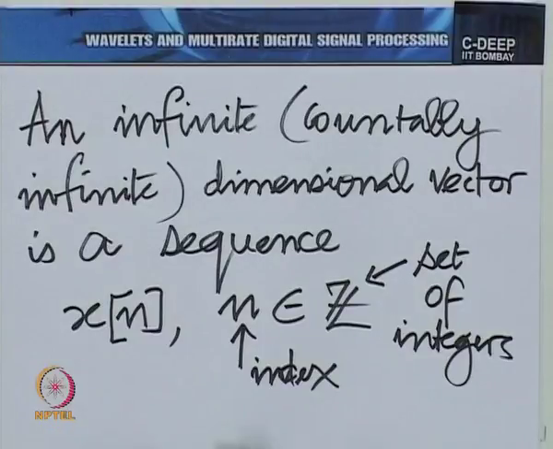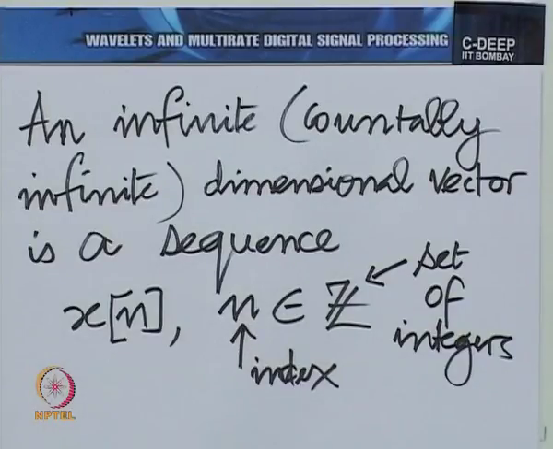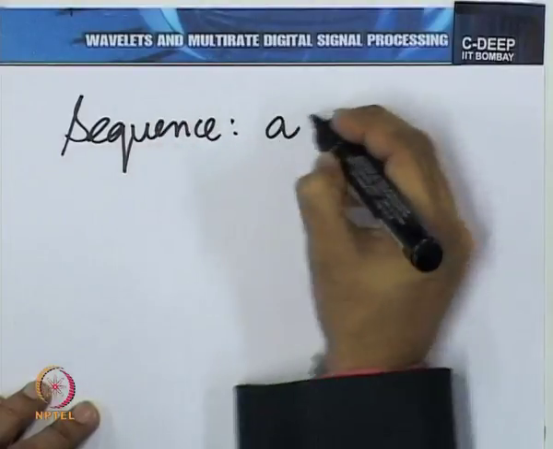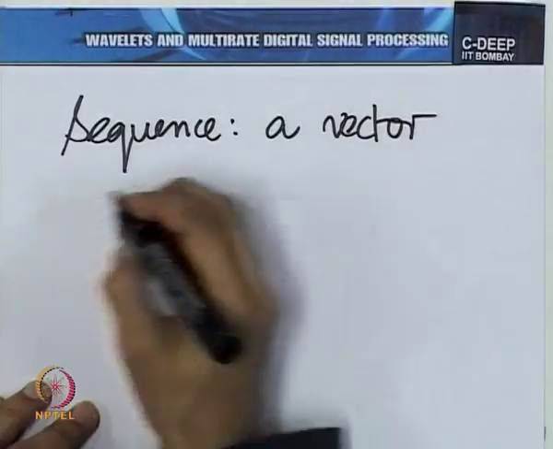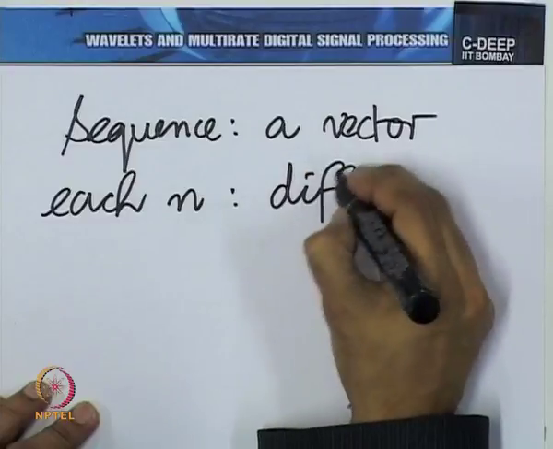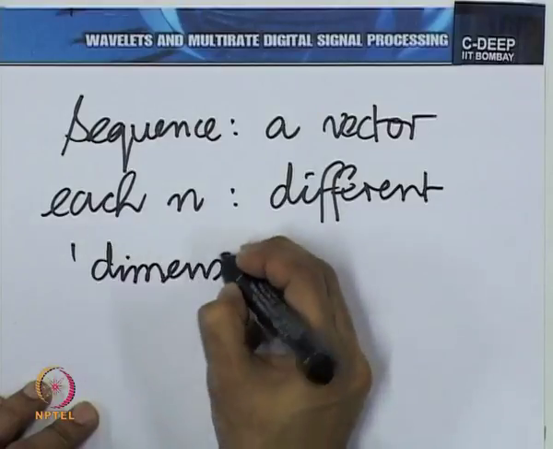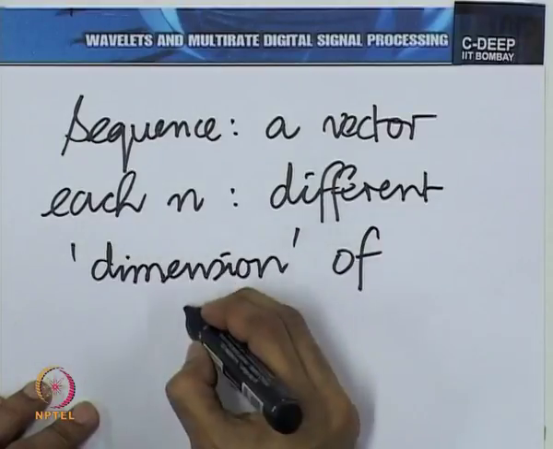So, now we have a different interpretation for sequences. A sequence is like a vector, and each n is a different dimension of that vector. I think that is important enough for us to write down explicitly. So, a sequence is a vector. Each n is a different dimension of the vector.